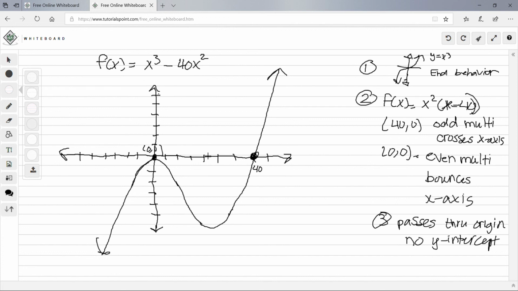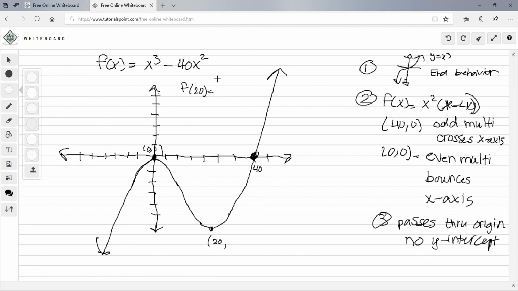And if you wanted more details, let's say you wanted this point, you could just plug in f of 20, and that'll give you the y value. So this would be 20 comma something.